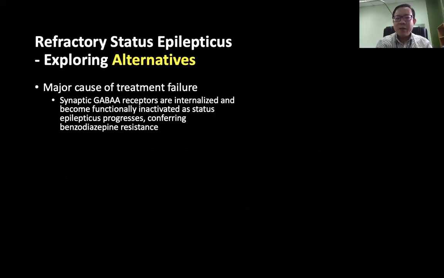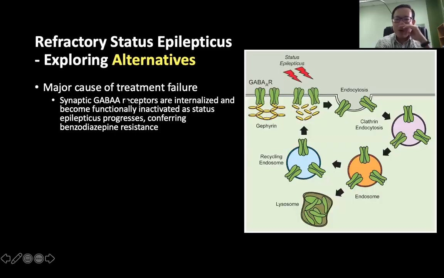Now I will talk quickly about some other alternatives. But before we go to that, what is the explanation of refractory status epilepticus? One explanation is internalization of GABA receptors.